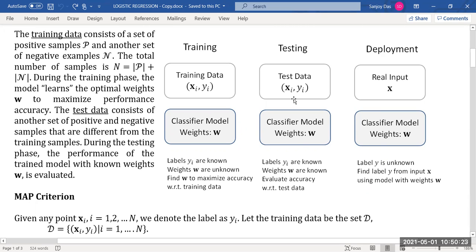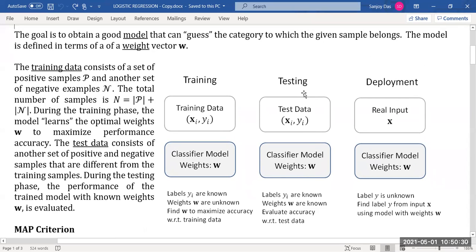Accordingly, we evaluate the accuracy of our machine learning model. Assuming the model passes the accuracy test, we are good to go. Now we are ready to use it. So these weights are fine.